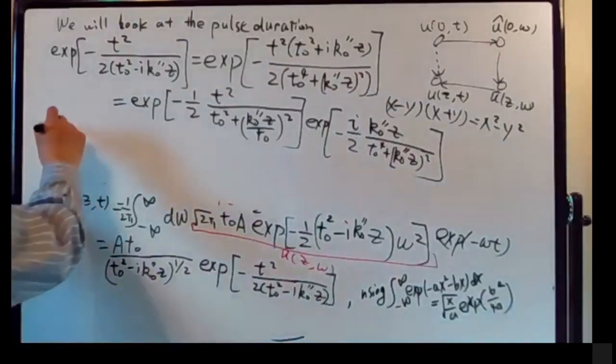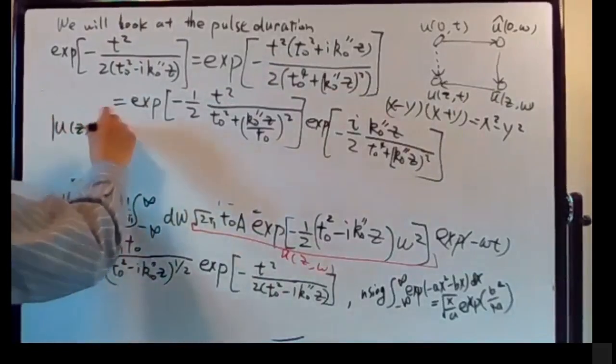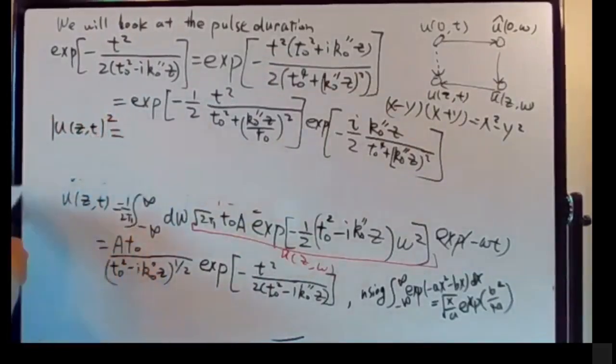Now let's look at the absolute value squared of u(z,t).